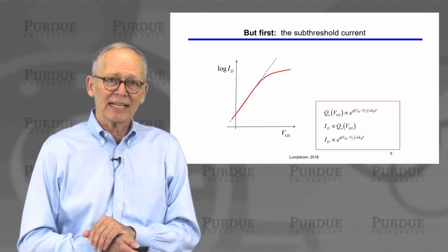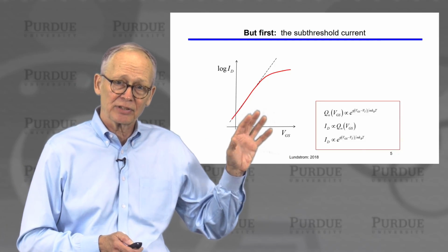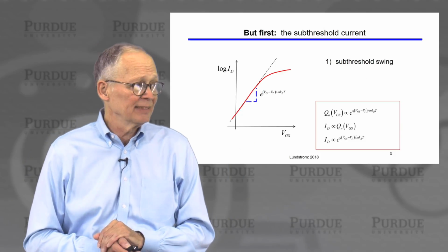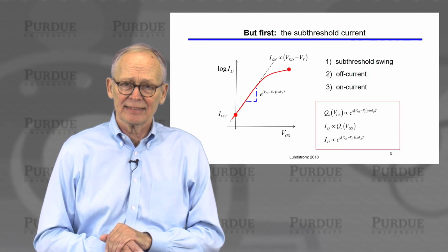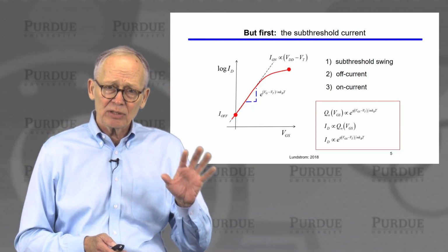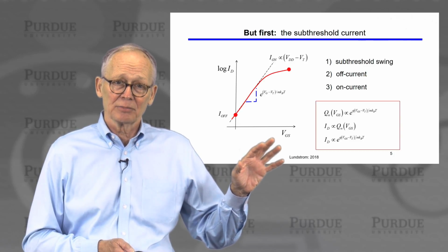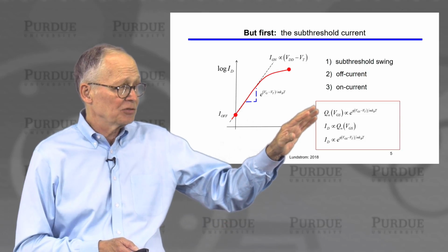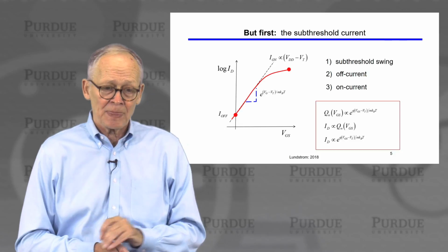We're familiar with these IV characteristics in subthreshold, how we plot the transfer characteristics on a log plot. We know what subthreshold swing means, what the off current is, and what the on current is. Now, if we look in the subthreshold regime, which we could not treat in our earlier model because we assumed there was no charge in subthreshold, we now know that there is charge there, and it goes exponentially with gate voltage.